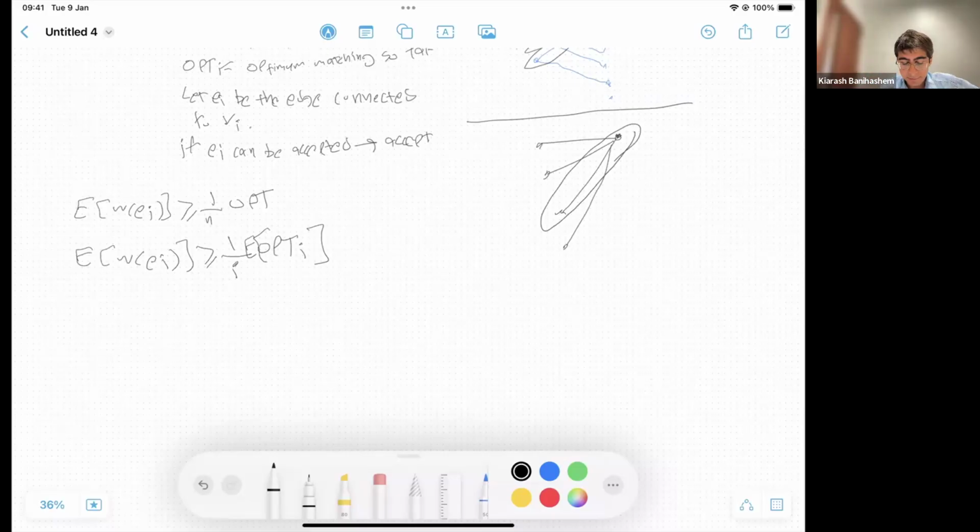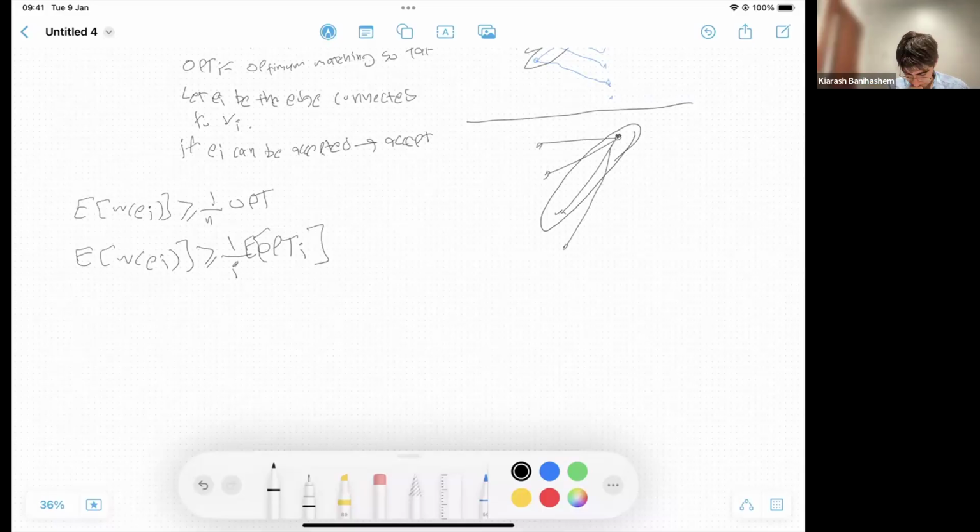Then I have the set opt of i, and these first i vertices are arranged uniformly at random. So I'm going to have a matching of weight opt of i, and because these elements are arriving uniformly at random, each of the time steps is going to have the expectation of W of E_i at least 1 over i of that opt of i.